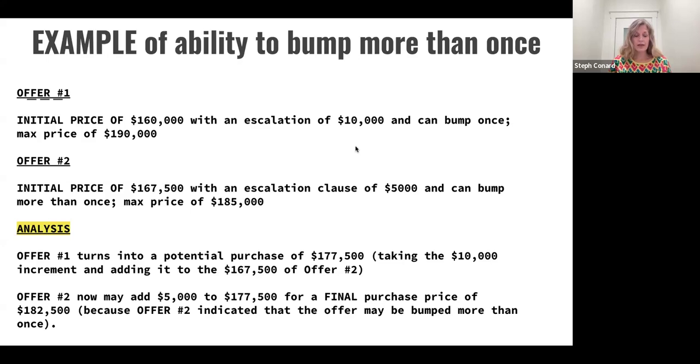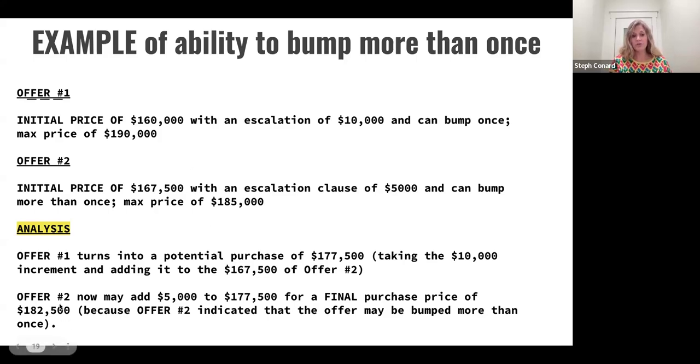So to analyze this, offer number one turns into a potential purchase price of $177,500. You're taking that $10,000 increment and adding it to the $167,500 of offer number two. So offer number one is now turned into an offer price of $177,500.